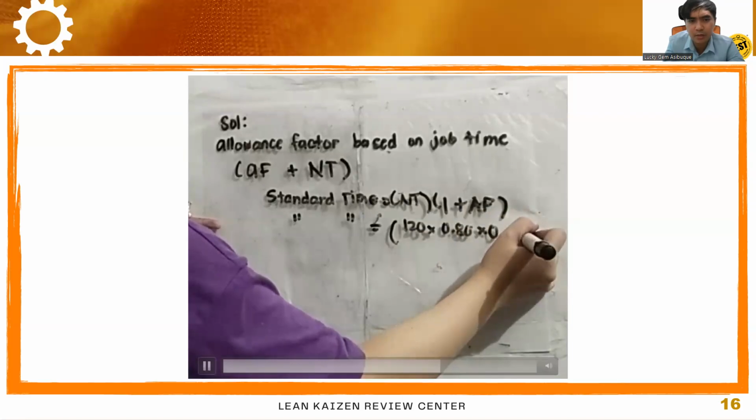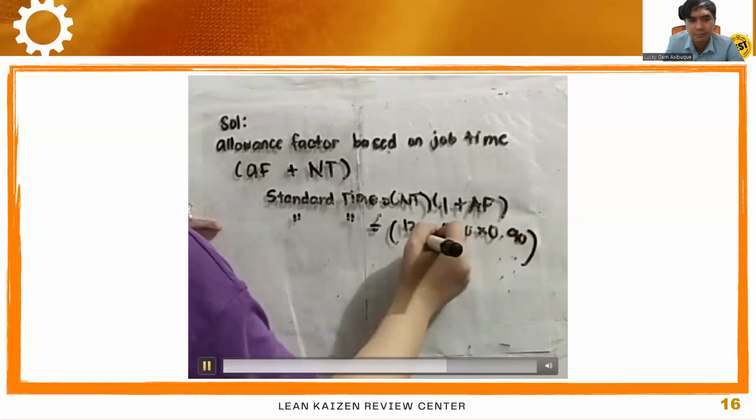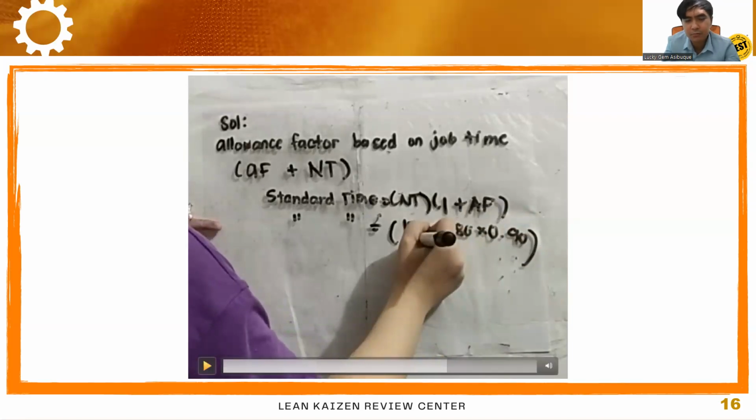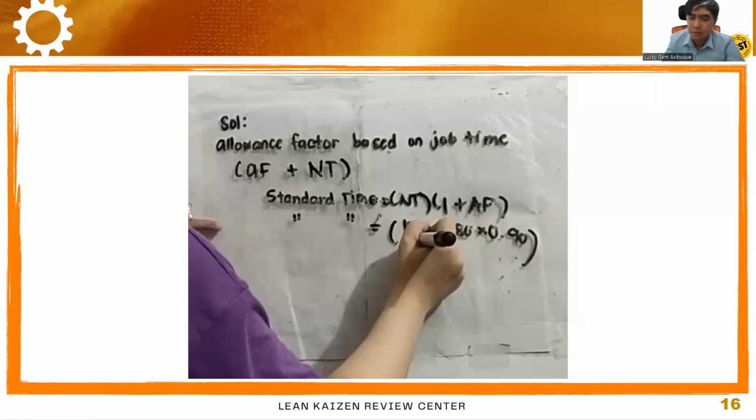120. So where do we get this 120? So the 120 here is the number of observations, and 0.8 is the proportion of time that the workers are working. And 0.9 is the performance rating.